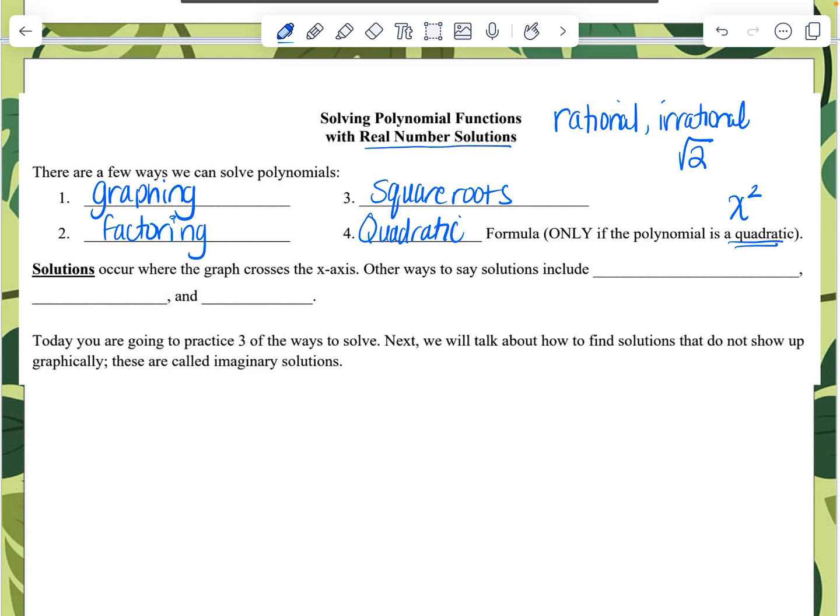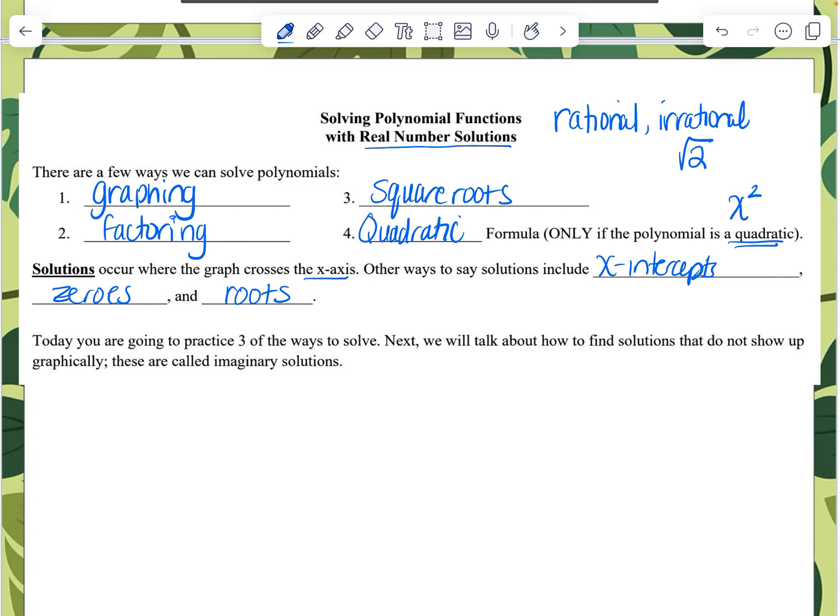So we learned this in Math 1, Math 2. Solutions occur when the graph crosses the x-axis. So if we're looking at a graph, that's where we can find our solutions. They're also going to be called x-intercepts, zeros, and roots. So if they say find the roots, they're saying solve the polynomial equation.